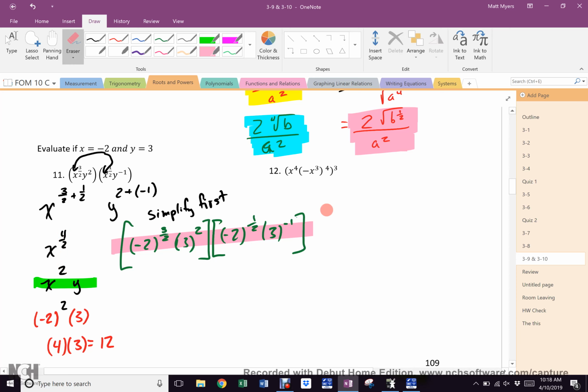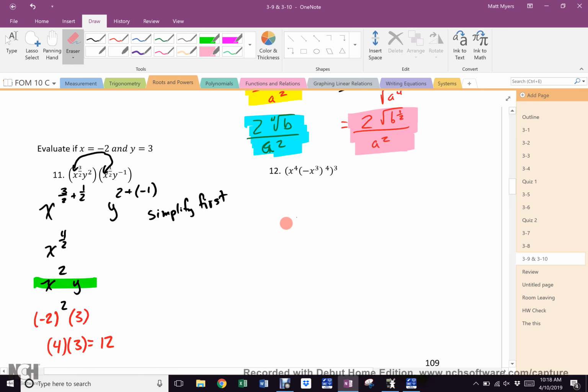Now, knowing what you know, how are you going to approach number 12? We'll simplify first. Should I deal with that 3, or should I deal with everything inside the brackets first? Inside first. So I've got x to the 4th, yes? And negative x, what do I do right there?